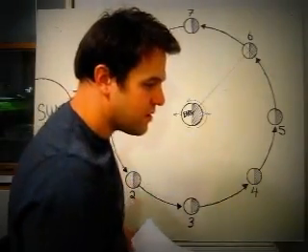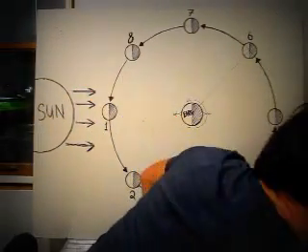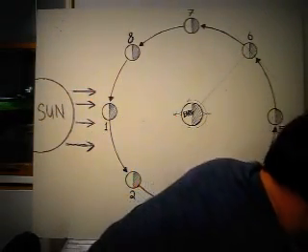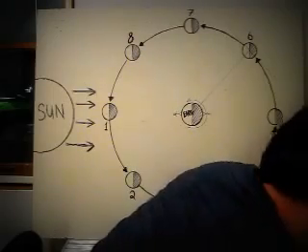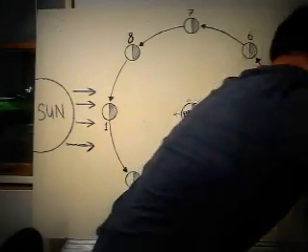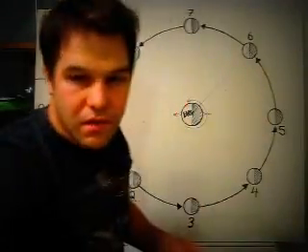Okay, so when you view that from Earth, let me move this over, show you. I'll just take this off for a sec. Let me just draw a freehand circle here.